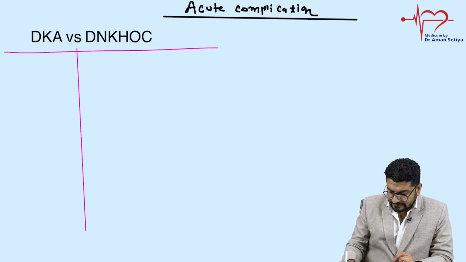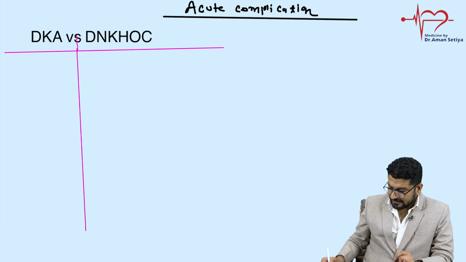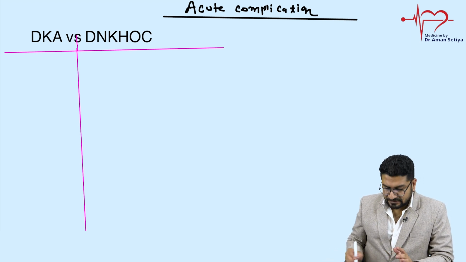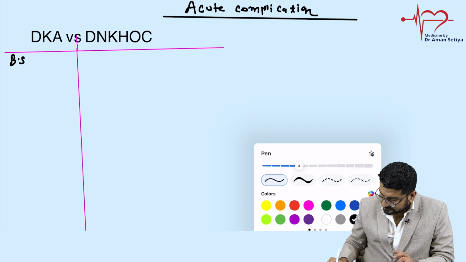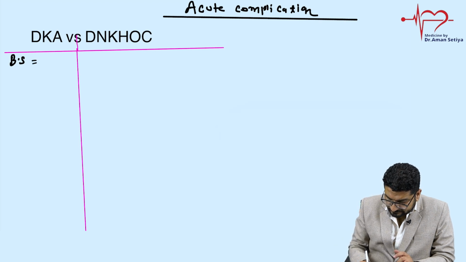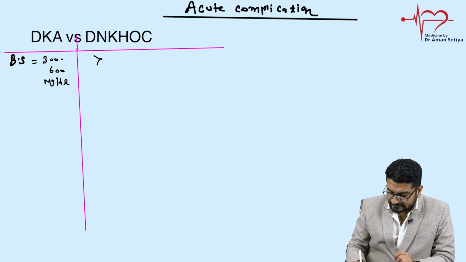In DKA, the blood sugar will be in the range of 300 to 600 milligram per deciliter, and in coma blood sugar will be more than 600.